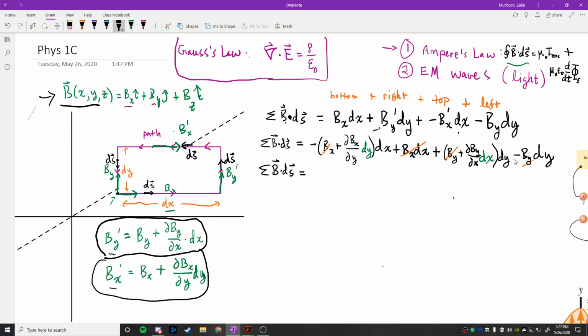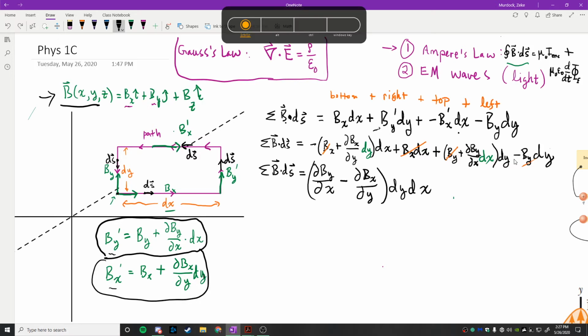So what am I left with? I've got a term that is del by del x right here. Let's write that one in. Minus another term that's del bx del y. And both of them happen to have the same term, dy dx, dx dy, but you can interchange them, right?